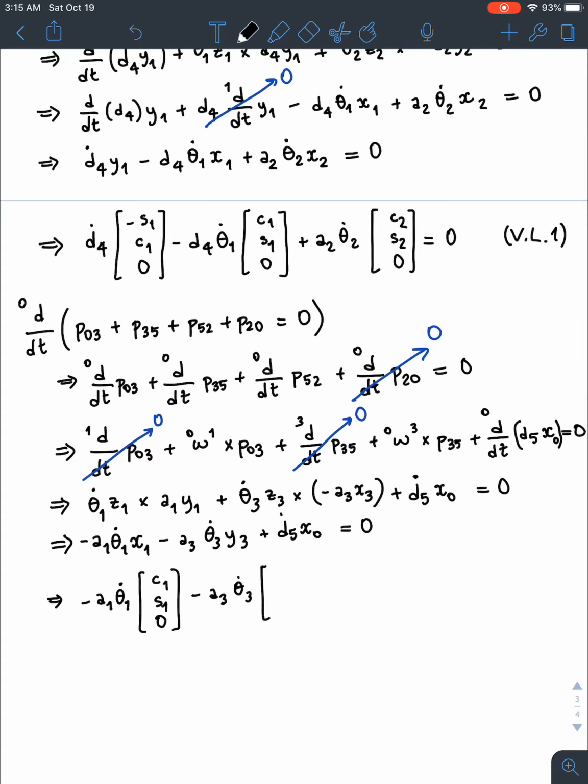It's going to look like minus sine 3, cosine 3, and 0. Very good. And of course, the components of the x0 vector in the x0, y0, z0 directions are 1, 0, 0, right? So this is going to be plus d5 dot times 1, 0, 0, equals 0. And this one here gives us velocity level equations number 2.